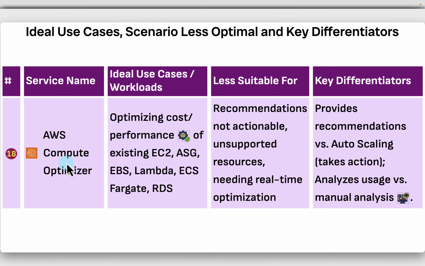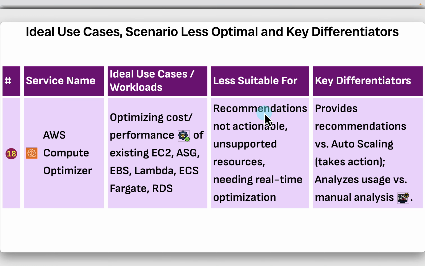Next one is AWS Compute Optimizer. Ideal use cases and workloads are optimizing cost and performance of existing EC2 Auto Scaling groups, Elastic Block Store, Lambda, ECS Fargate, and Relational Database Service RDS. It is less suitable when recommendations are not actionable.